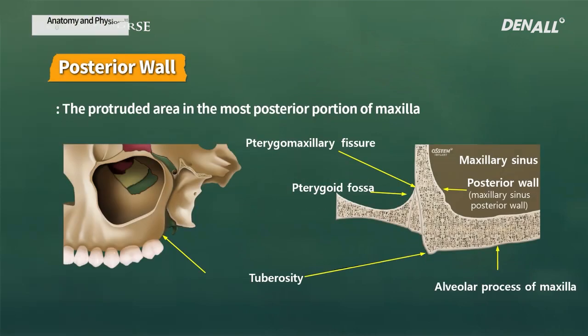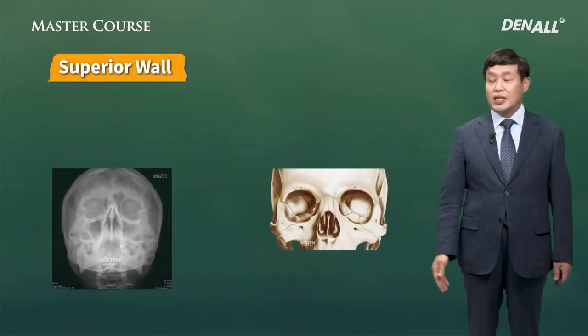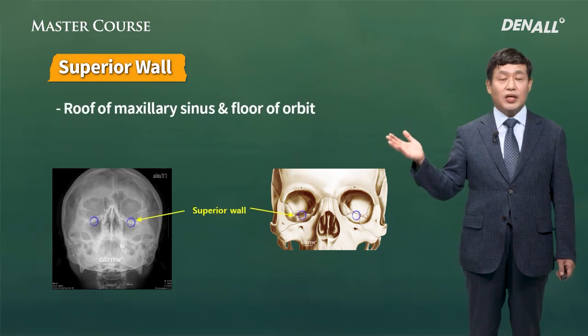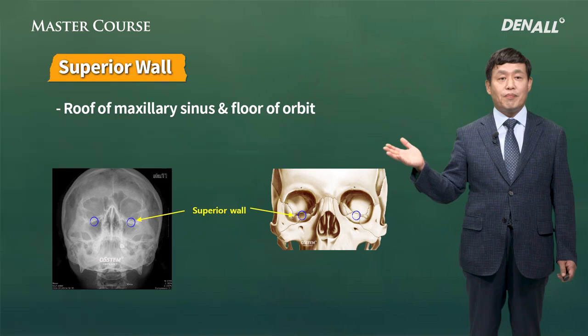Next, posterior wall. It is in front of the pterygoid plate. During surgery, I don't think you can easily access there, and you don't really need to go there as well. Next, the superior wall of the maxillary sinus is the floor of the orbit.